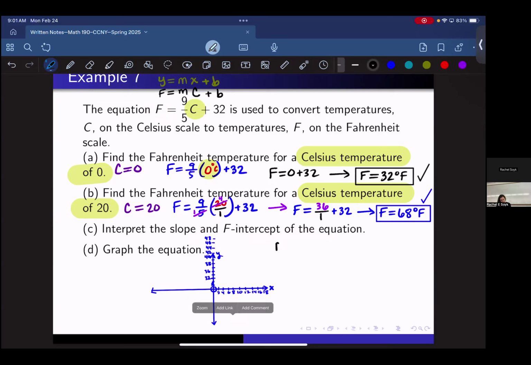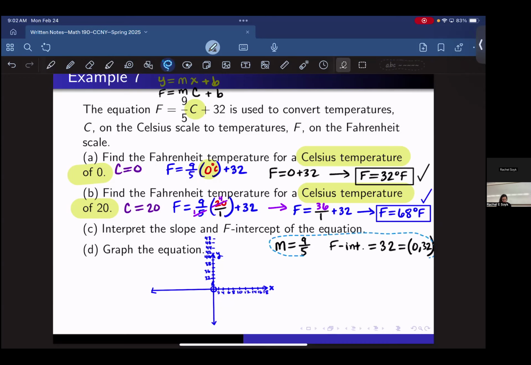So our m here is just 9 over 5. And then our f-intercept, aka our y-intercept, is our b value, which is 32. As a coordinate point, that's just 0, 32. And they ask us to interpret this. So we'll interpret it verbally.